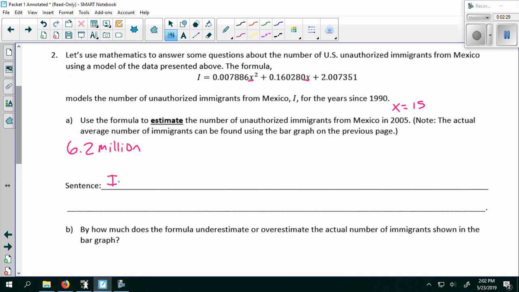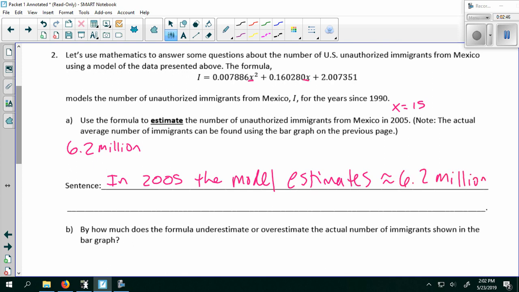So in 2005, the model estimates approximately 6.2 million unauthorized immigrants.